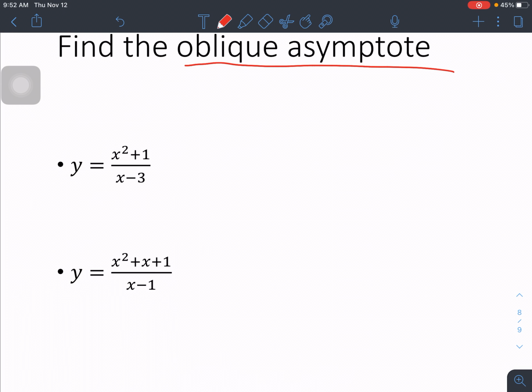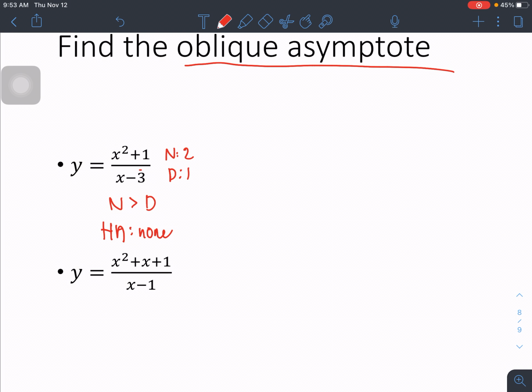Obviously it does not have a horizontal asymptote, because the numerator is 2 and the denominator is 1, and the numerator is greater than the denominator. So every time that we don't have a horizontal asymptote, there will be an oblique asymptote. How would we find the oblique asymptote?